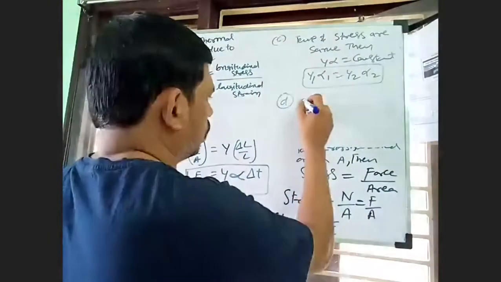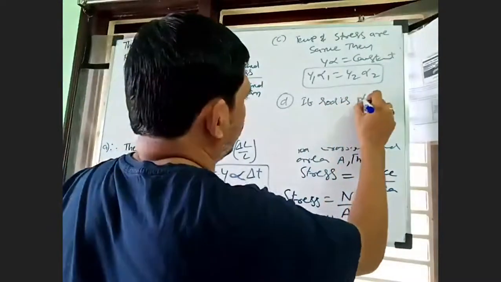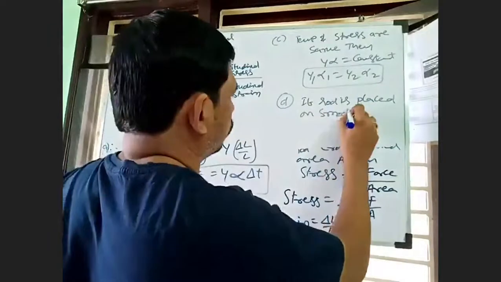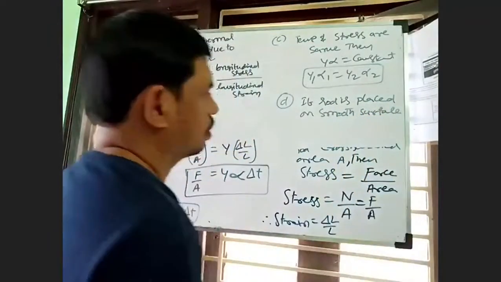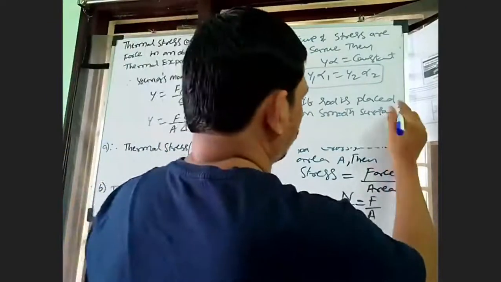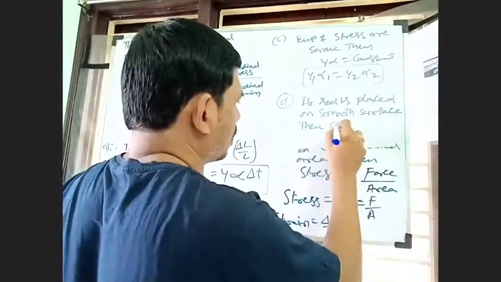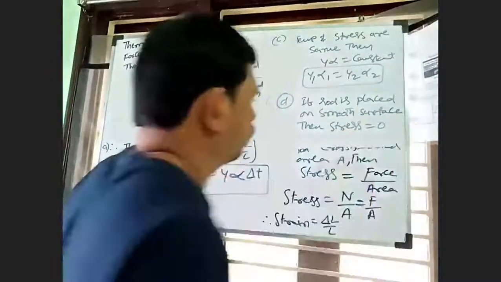If a rod is placed on a smooth surface, then stress is equal to 0.